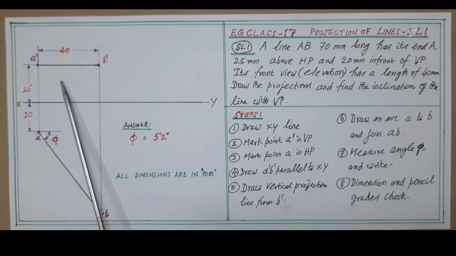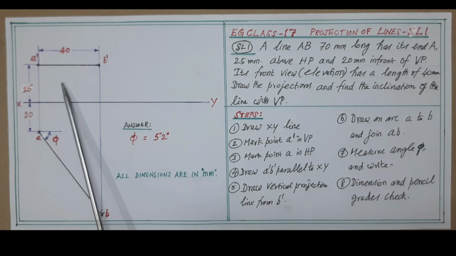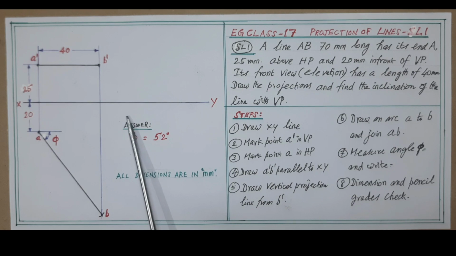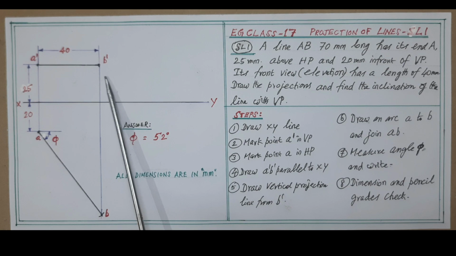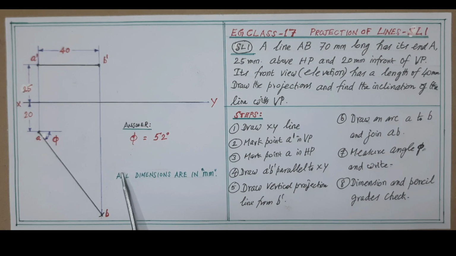Hence draw a line of 40 millimeter parallel to the XY line from A dash and mark the other end as B dash. Next, draw a projection line vertically from B dash beyond the XY line to find the corresponding other end image in the horizontal plane through the top view.